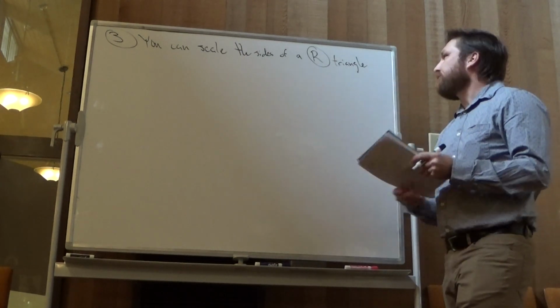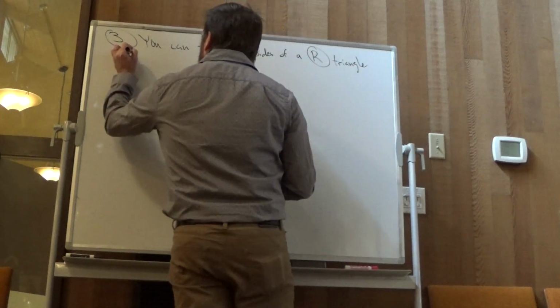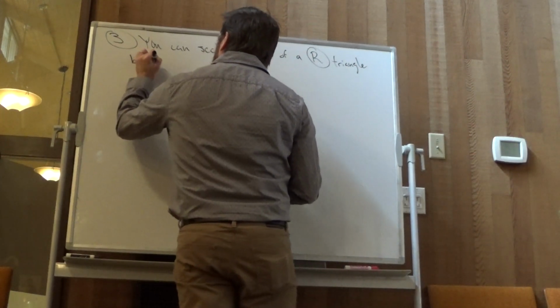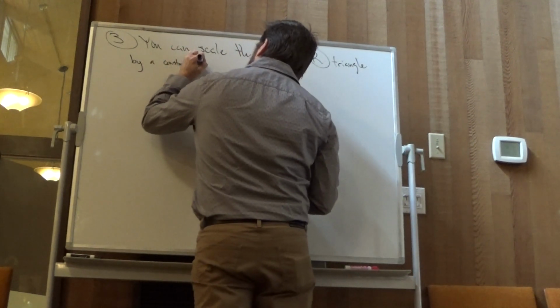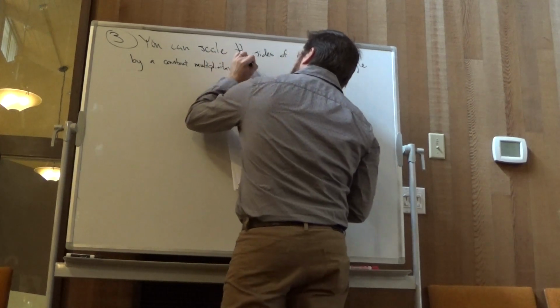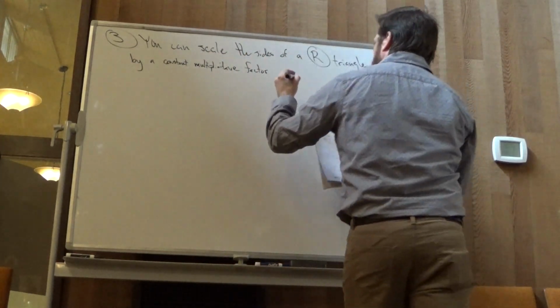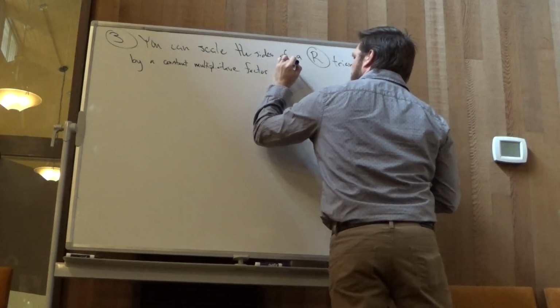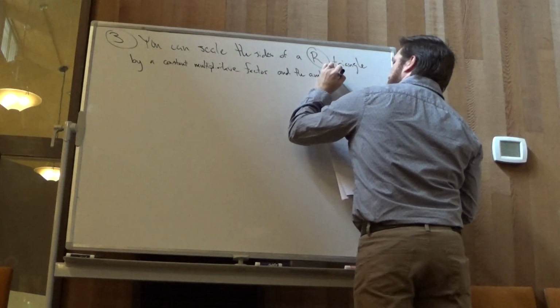So, anyway, you can scale the sides of a right triangle by a constant multiplicative factor and the angles stay the same.